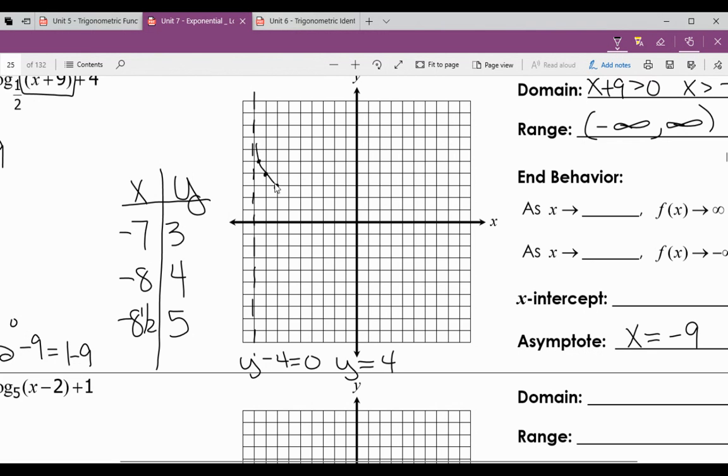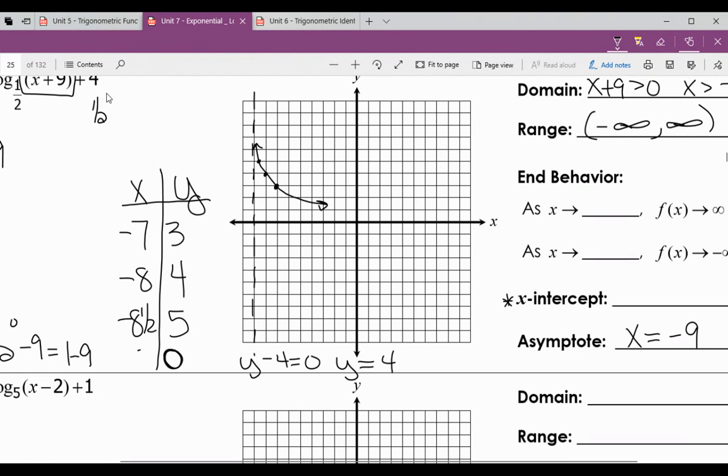Now remember, the reason this graph looks like this is because our base number was a fraction. Okay, now I have to do one more point because I need my x-intercept, so I've got to plug 0 in.